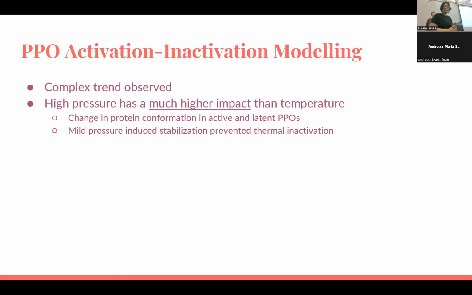And mild pressure treatments actually allowed for stabilization in the protein structure, and that prevents the eventual thermal inactivation in the proteins. Pretty much what pressure allows for is hydrogen bonds to be more stabilized, whereas during thermal treatments, there is a loss of water. So this stabilization might actually prevent the loss of water and allow it to remain active.